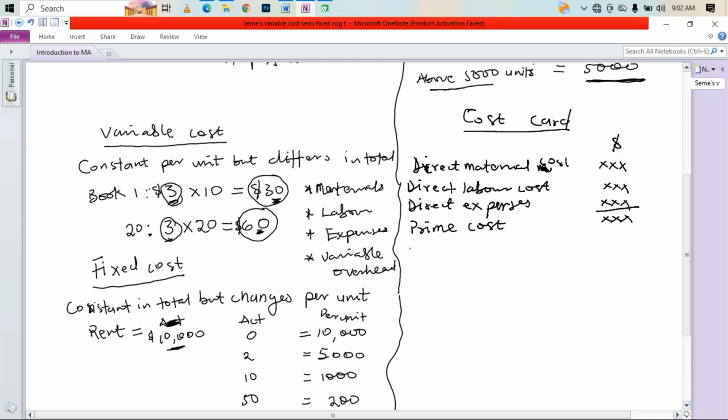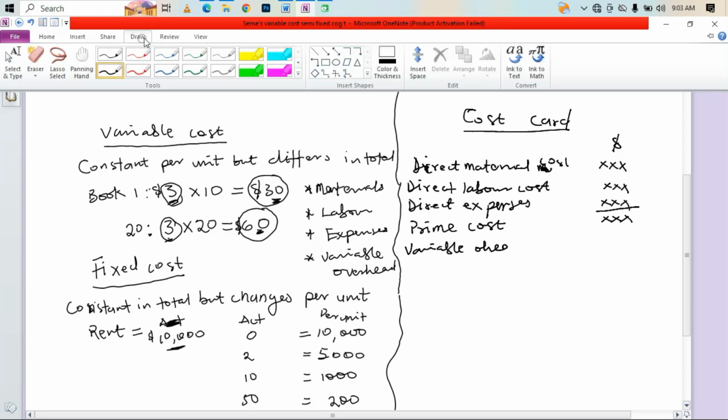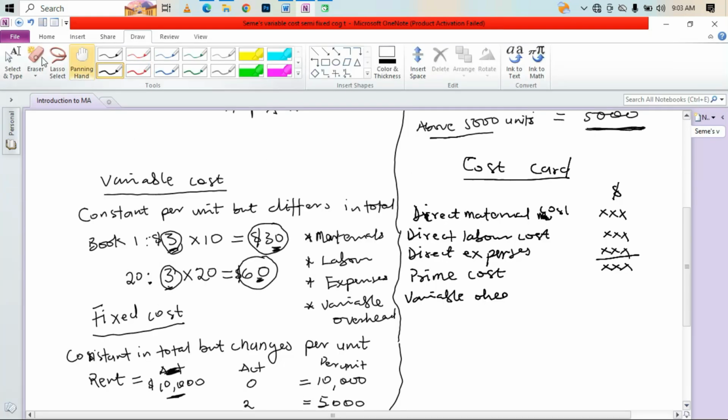Then here we also have our variable overhead cost.